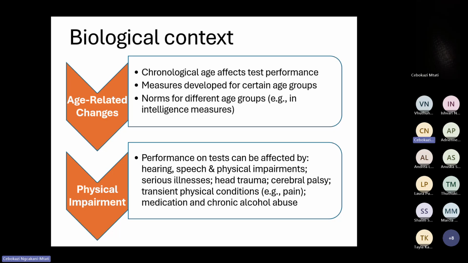And then the physical impairments can affect test results, and that can be problems with hearing, speech and physical impairments, having a serious illness on that day, having a specific head trauma, cerebral palsy, and other physical conditions such as pain.